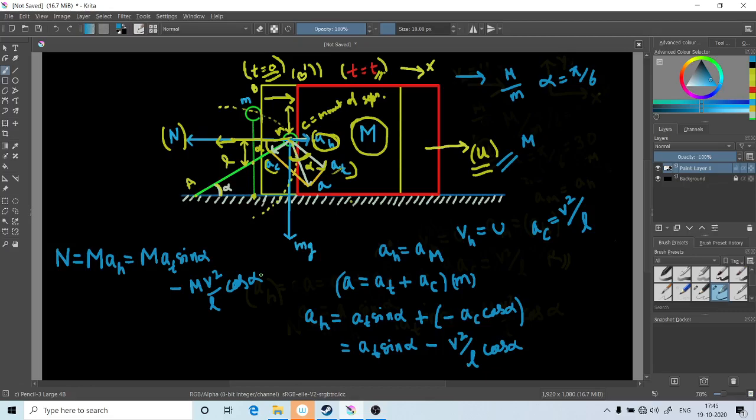At the moment of separation from the body, N equals 0. This is the condition for separation, N equals 0, and this is equation 1. After N equals 0, we get a_t sine alpha equals v square by L cos alpha.